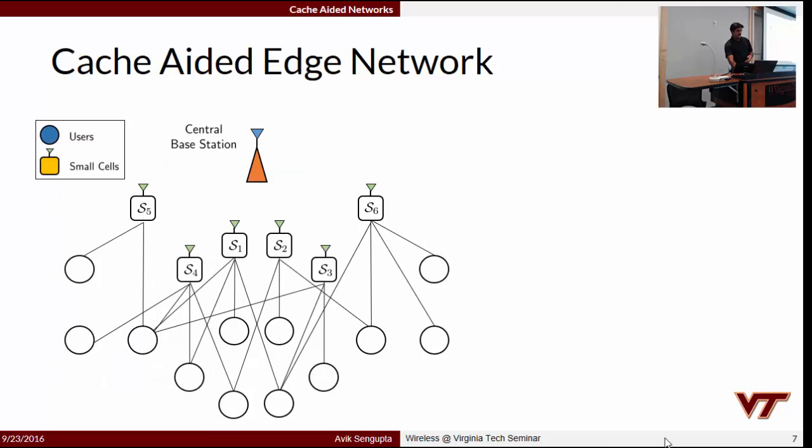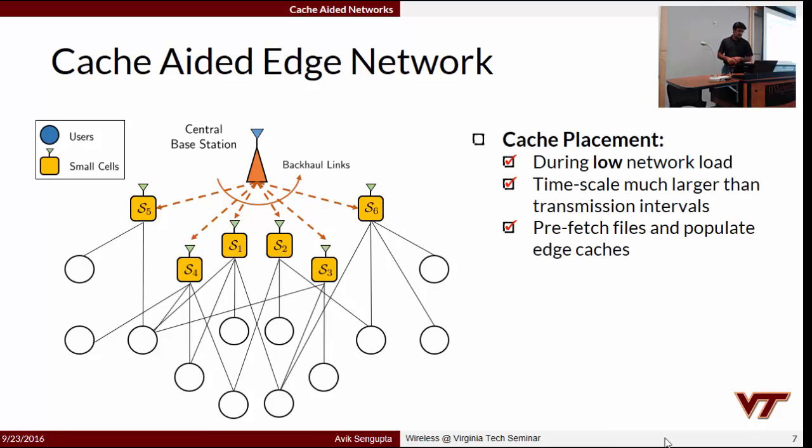Now we start with cache-enabled networks, and we look at a very simple topology where we have a centralized base station, and these base stations are connected to maybe some network edge elements, which we call small cells here, but it could be any network edge element. And we say that these base stations, during times of low network load, place some content in these small cell base stations. We assume that these network edge elements have some storage associated with them.